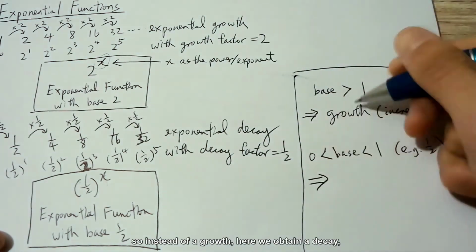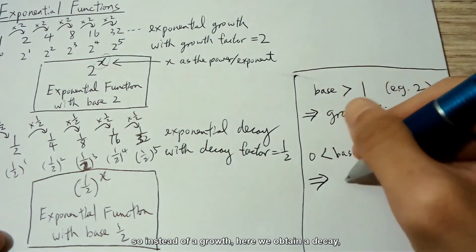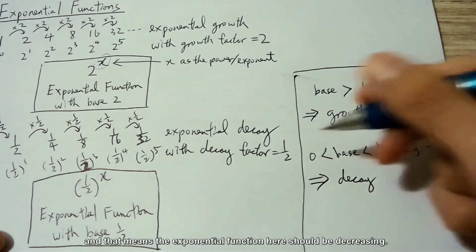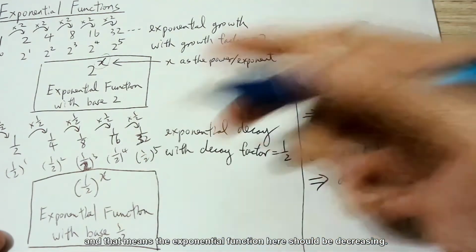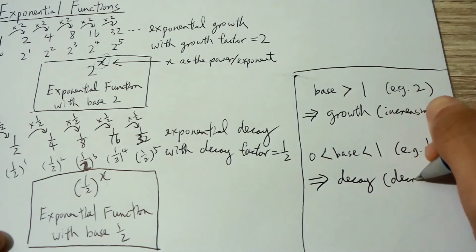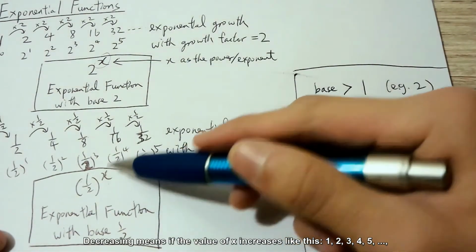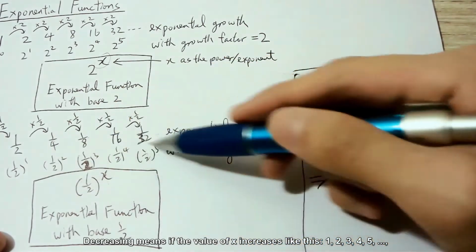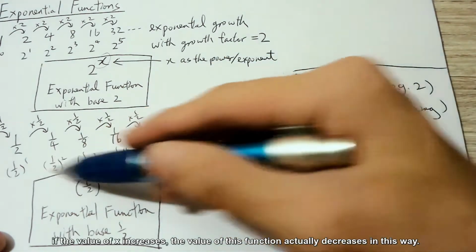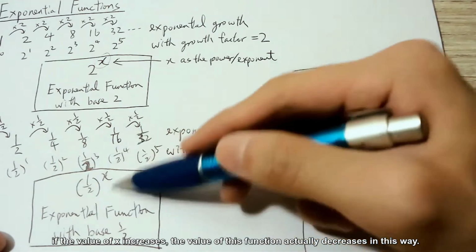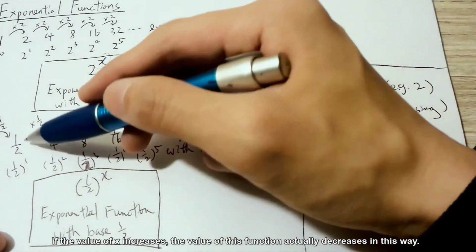So instead of a growth, here we obtain a decay. And that means the exponential function here should be decreasing. Decreasing means if the value of x increases like this, 1, 2, 3, 4, 5, the value of this function actually decreases in this way.